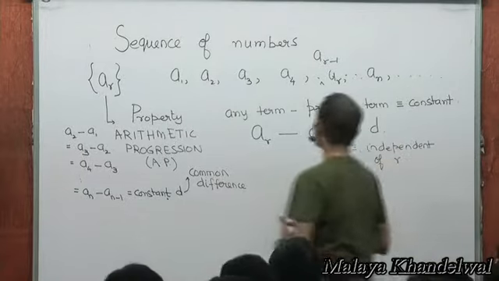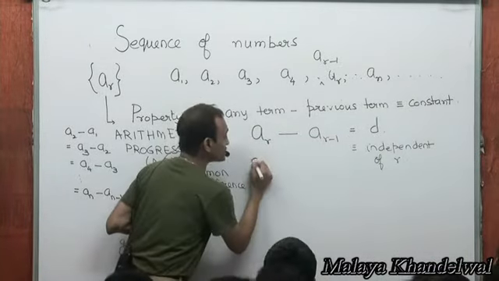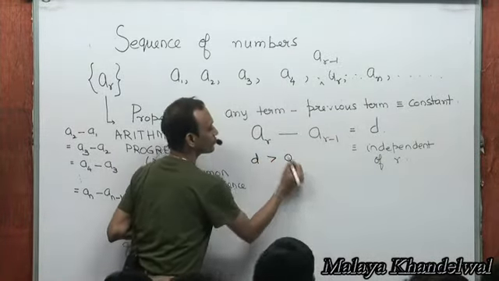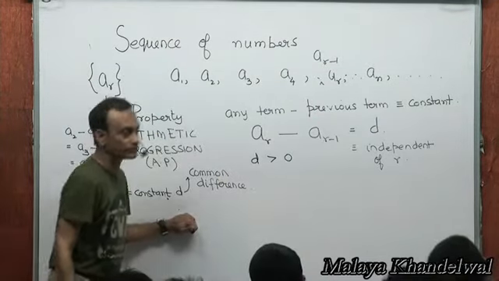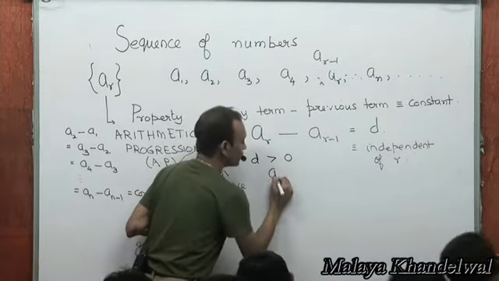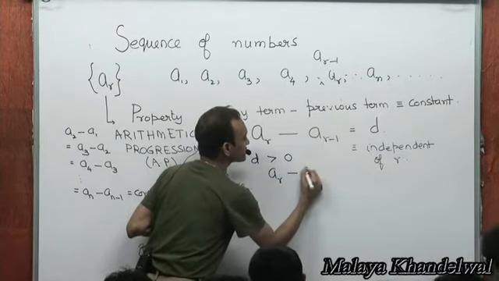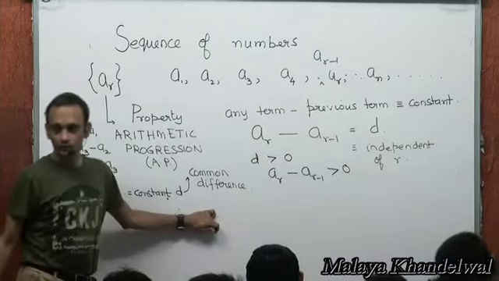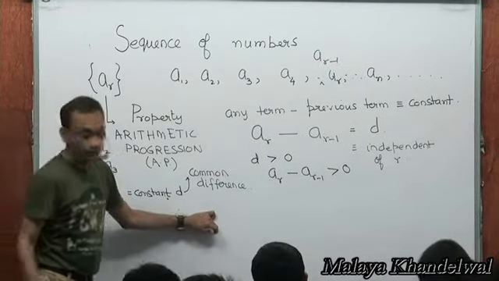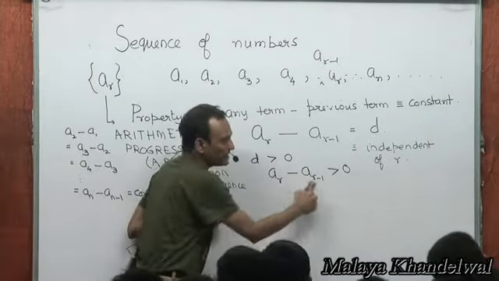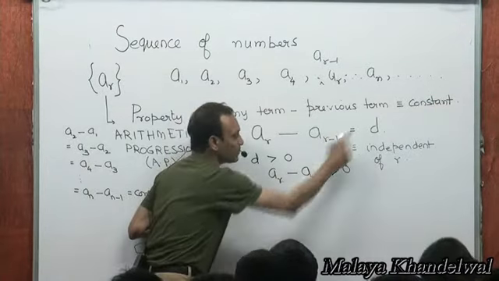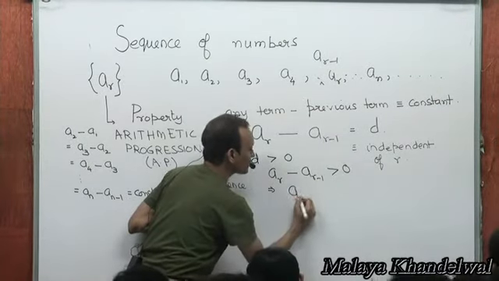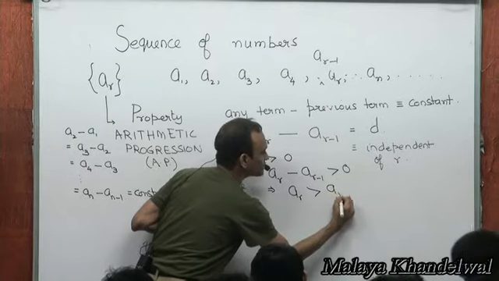Now, if D is positive, then do you realize AR minus AR minus 1 will be positive? If D is positive, that means AR will be bigger than AR minus 1.